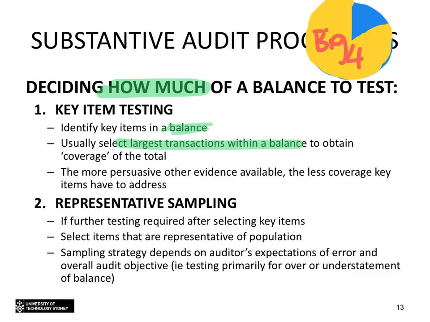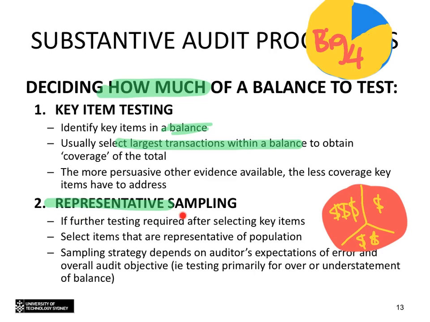All right, now this usually works for balances. Doesn't work so well for transactions. With transactions, you need to search and do a bit more of what we call representative sampling. All right, so this is accounts receivable. Let's do one for sales. Let's say this is all of sales, and let's say we have small customers, medium customers, very large customers.